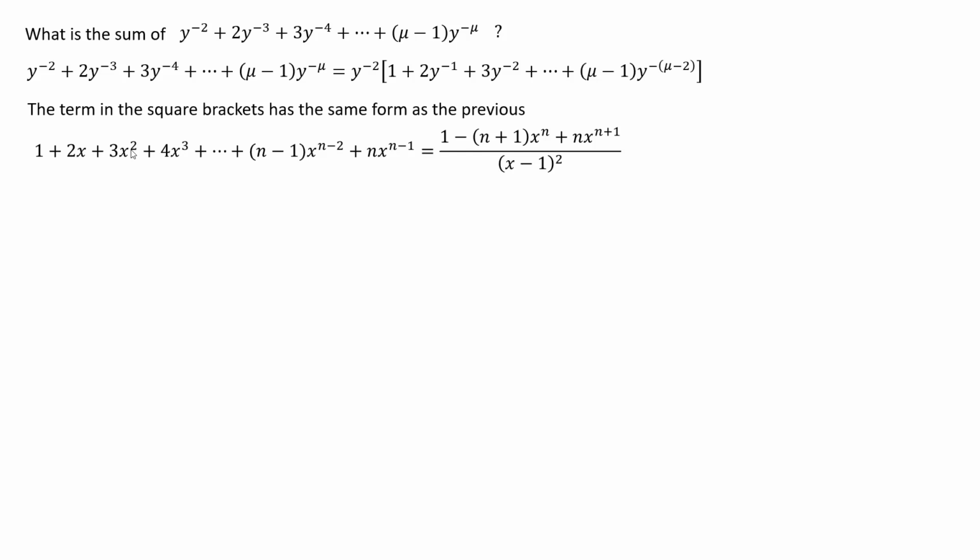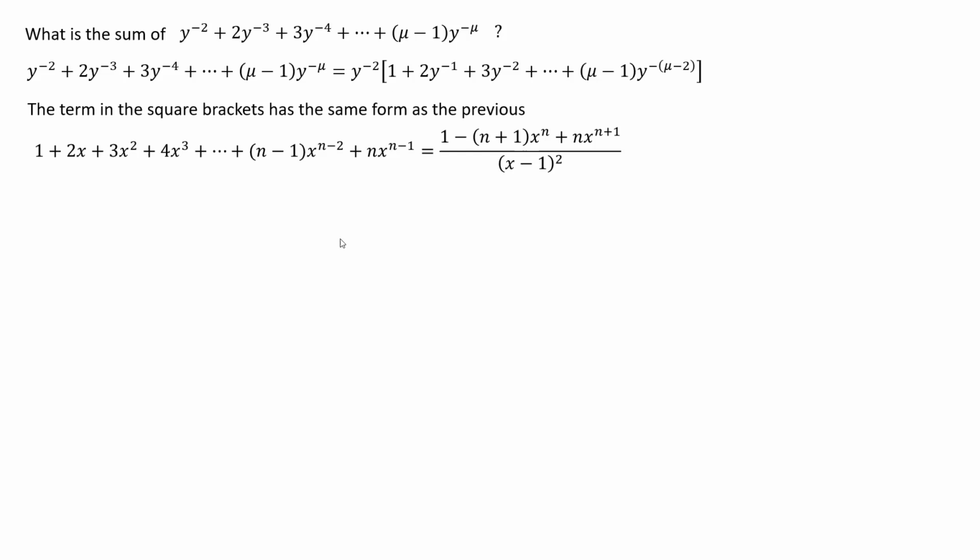x squared should therefore be y to the negative 1, the quantity squared. That is y to the negative 2, so 3y to the negative 2. Good. So now at least we know that the role of x is being played by y to the negative 1. So wherever we see x in this formula, we'll replace it with y to the negative 1.